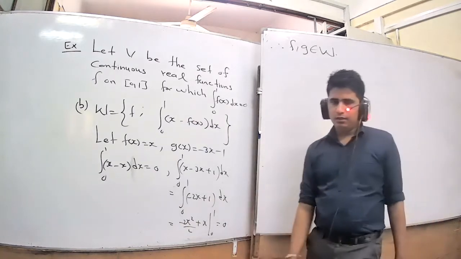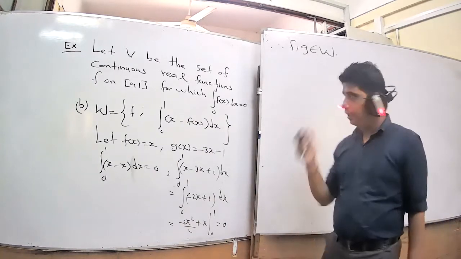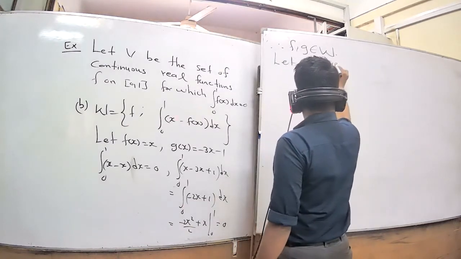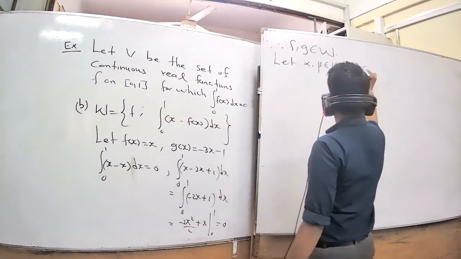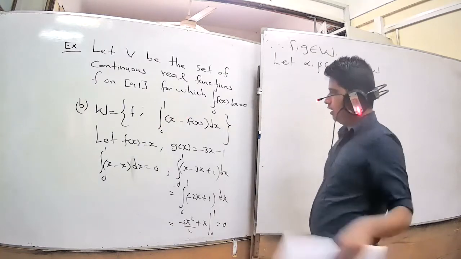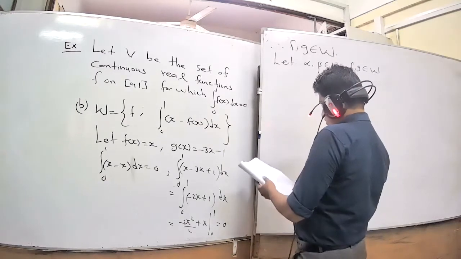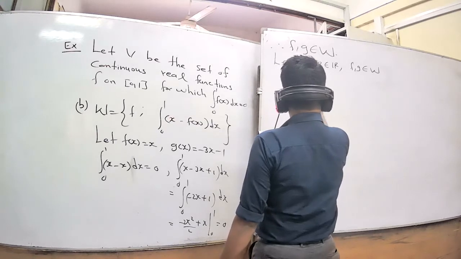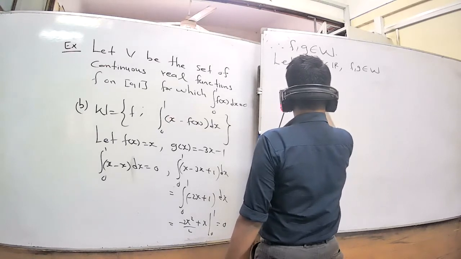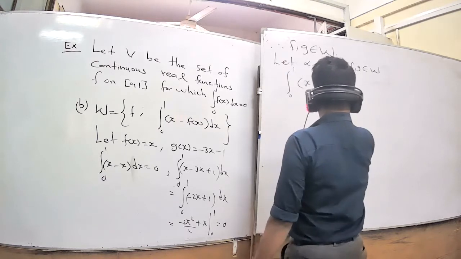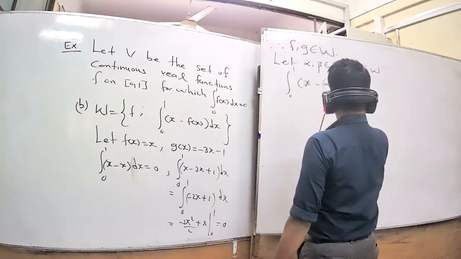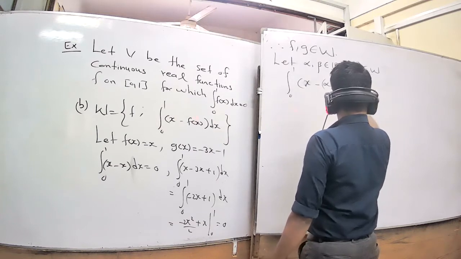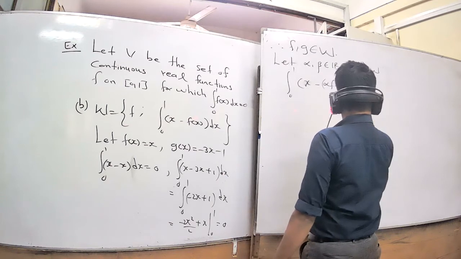Suppose this is a subspace. You take two scalars, alpha and beta, in the reals, and you already know that f, g belong to W. Then you check this condition: the integral of (x minus (alpha f plus beta g)) dx.